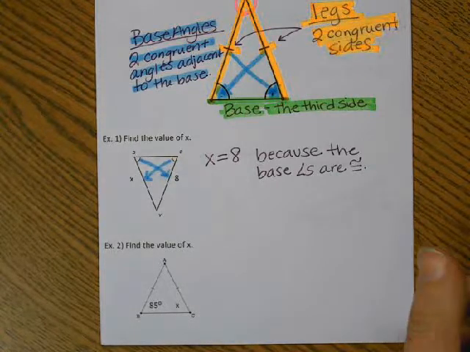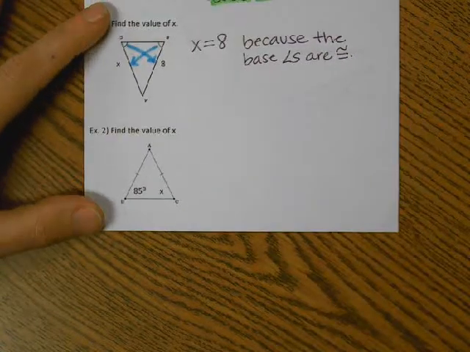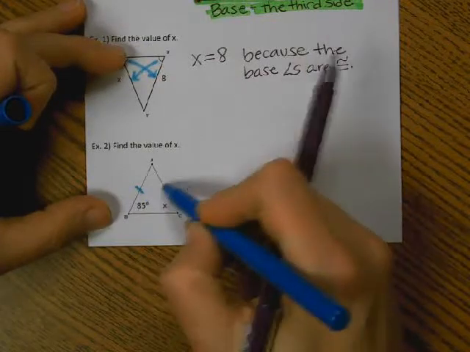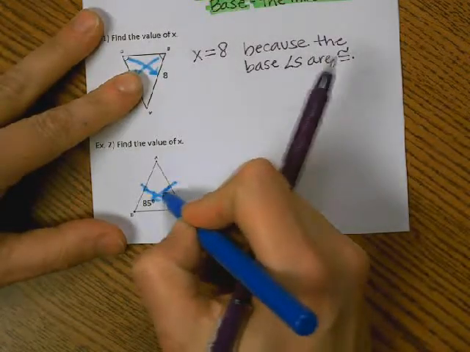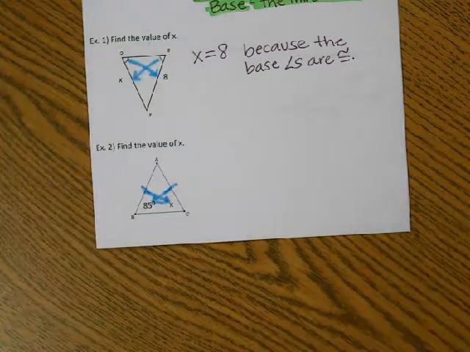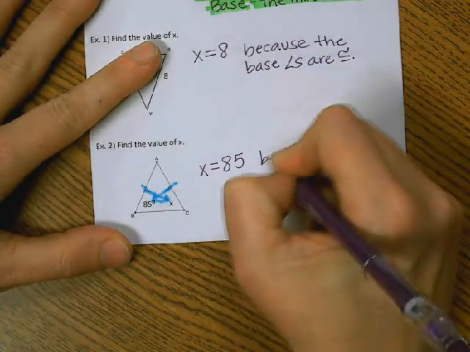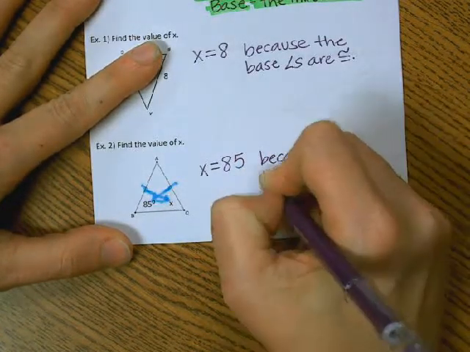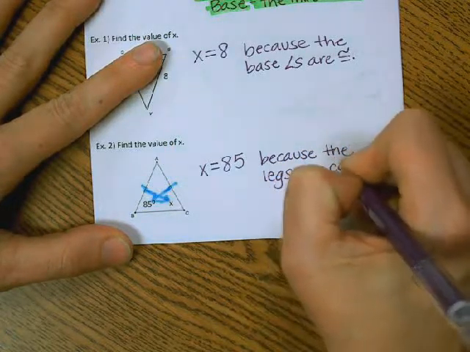Alright, moving on. Number 2, find the value of x. What we see is that we have two congruent legs, so that must mean that the angles across from the legs are congruent. So that means that x equals 85 because the legs are congruent.